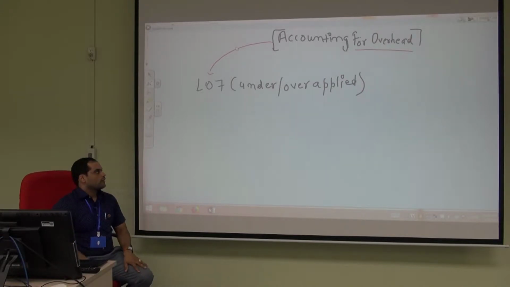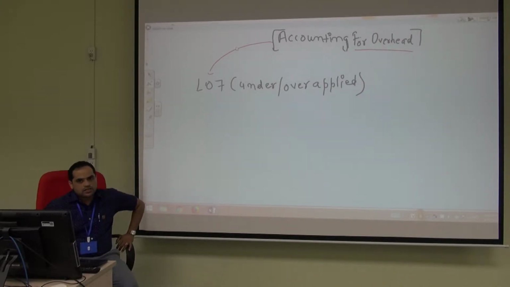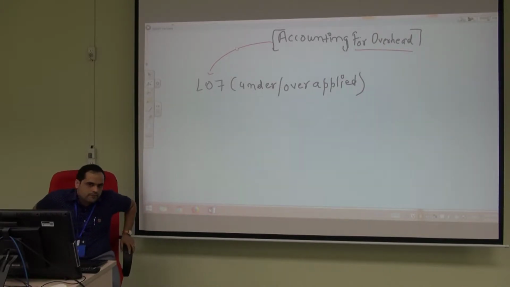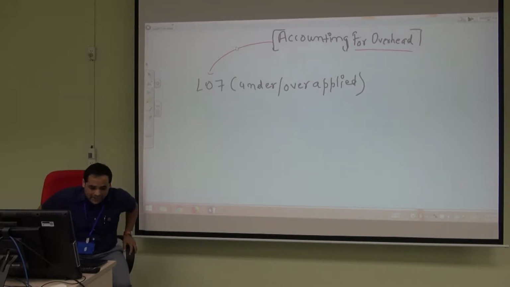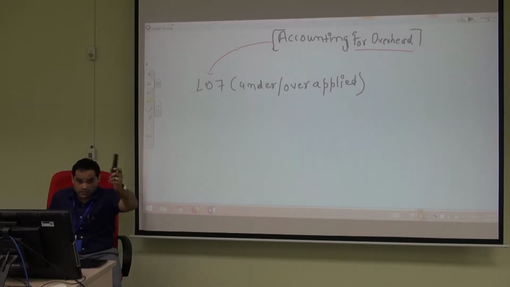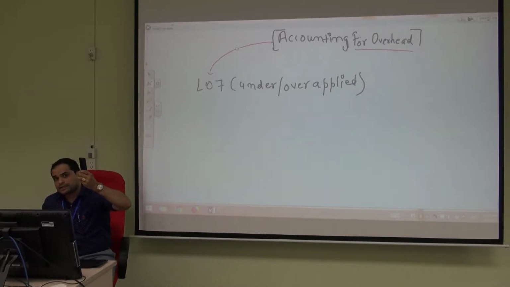So what is under and over applied? As you looked at in learning outcome 6, we are getting the results related to factory overheads, and you know that that result is predetermined, estimated, budgeted.